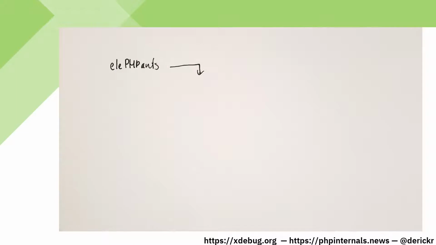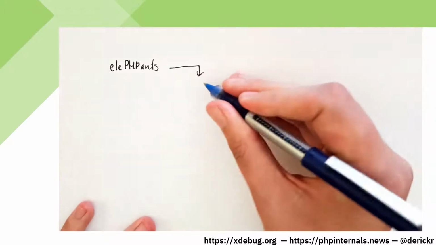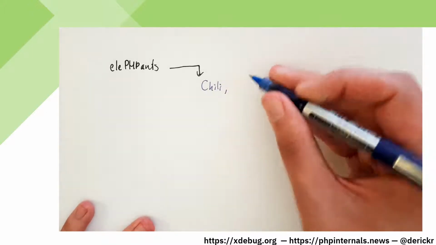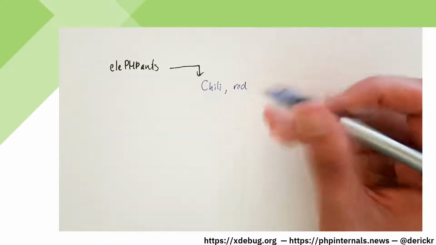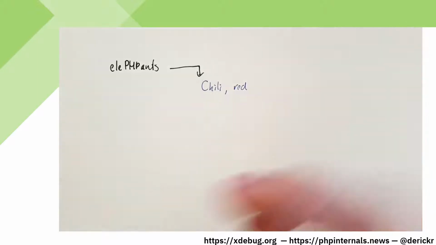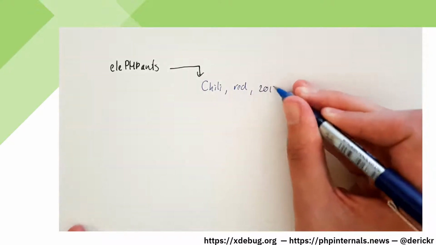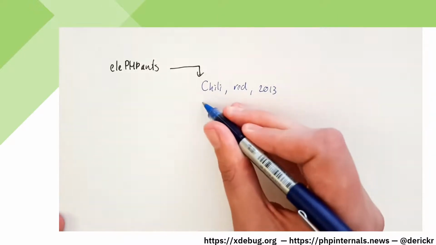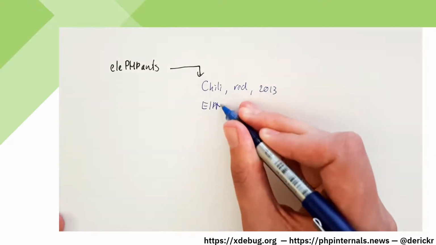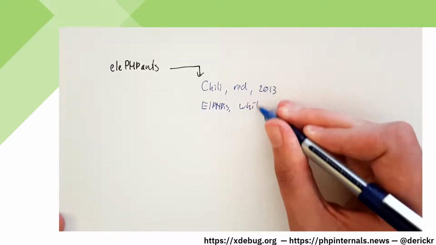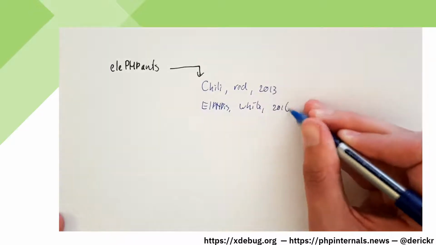These are Chili, which color is red, and born, I have to cheat, sorry, give me a sec. I can't see them. 2013. We have Elvis, I have not come up with those names, which is white, from 2016.